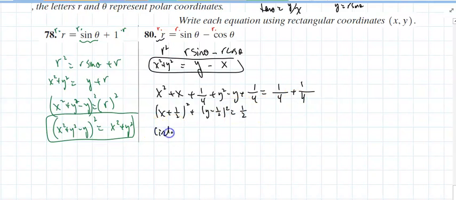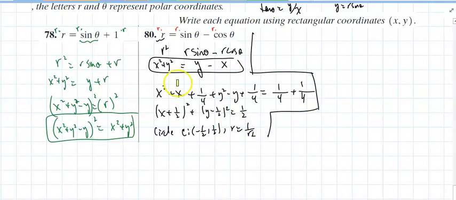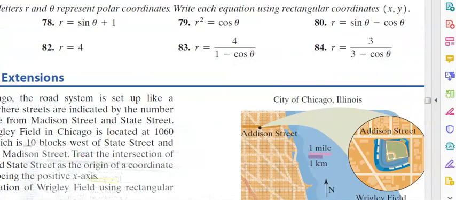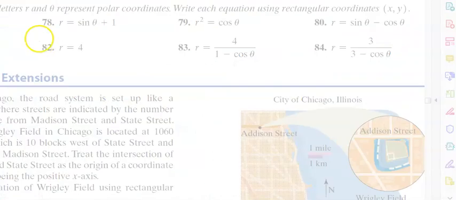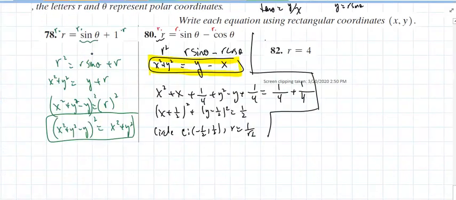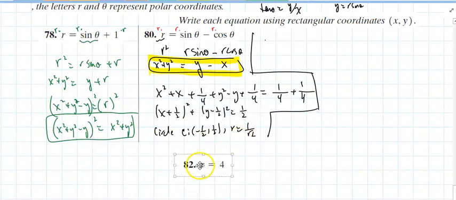This is a circle centered at negative 1/2, 1/2, with a radius of 1 over root 2. Now, you really don't need to do the last part. This is sufficient for a test, but you're going to graph this in the next section, so it helps to know what you're dealing with. And this is the most important among those graphs because we're going to use it a lot more than you like.